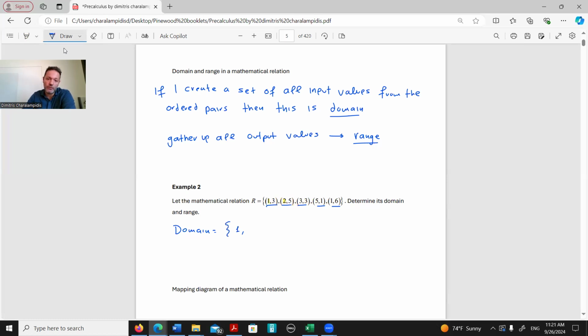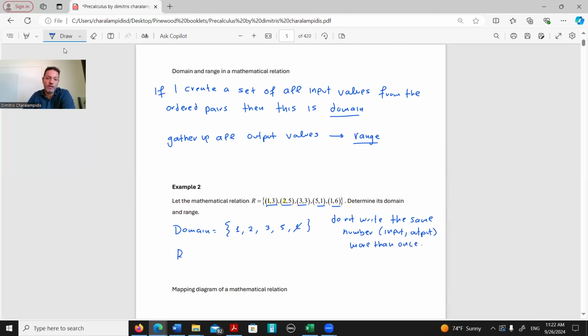But look, I should include 1, 2, 3, and 5, and I don't really need to include 1 again because we don't double count them. It's still the same item. So we should write here: do not write the same number, whether it refers to an input value or output value, more than once. It shouldn't make any difference.